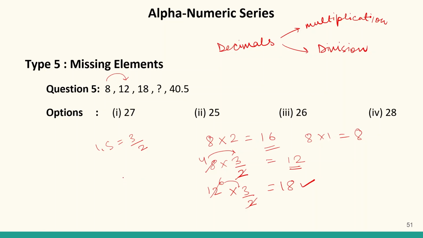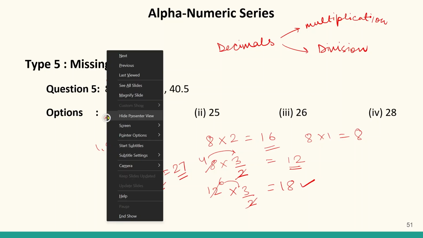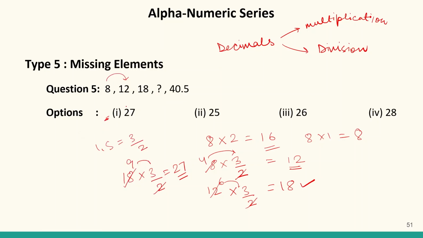Let's check. If I multiply 18, this will be 9 3s are 27. Do we have an option of 27? Yes. Okay, so this could be the answer. But we have to find the relation between the previous number as well as the next number. So let us find out.